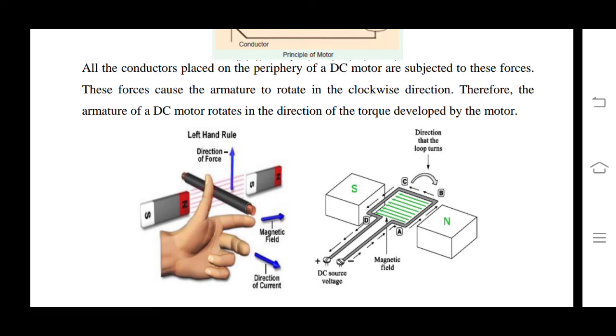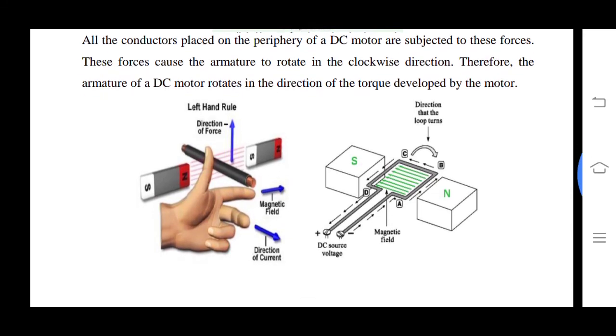At any instant of the cycle, this is possible by the commutator only. And the conductor which comes under the south pole must be a dot conductor, that means outgoing current. This is also possible by the commutator.